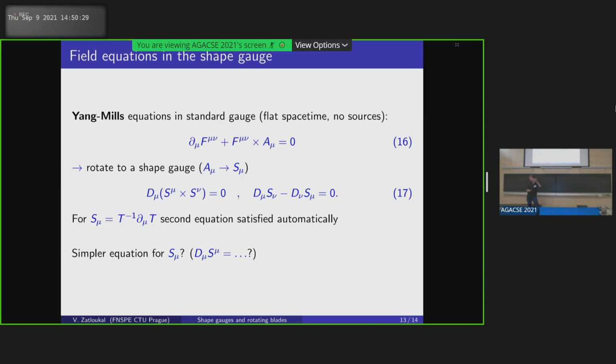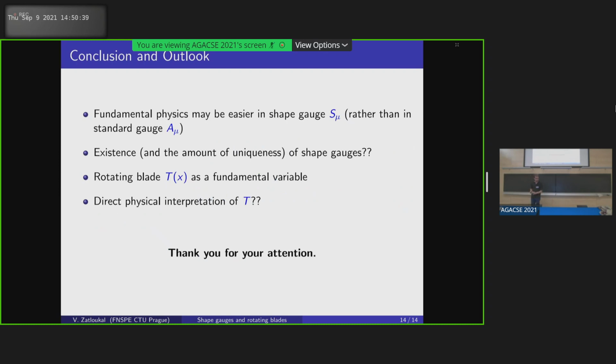One would like to have an equation from which those standard ones would follow, in some sense. Okay, so this is the conclusion, and so I try to argue that in fundamental physics it might be useful to work in the shape gauge rather than standard gauges.